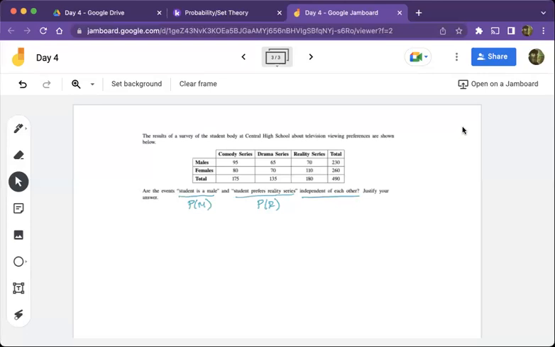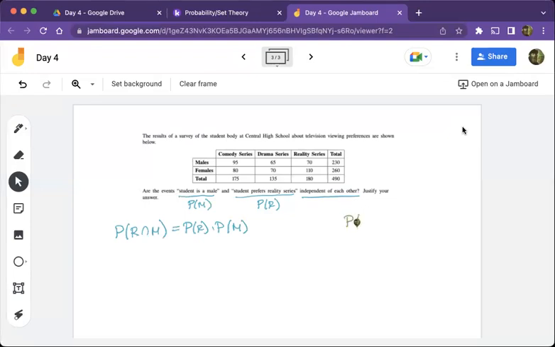So let's do the first one. We know for them to be independent, the probability of reality TV and male is the probability of reality TV times the probability of male. So now let's do each one. And on the side in green, I'm going to show you how I got that.